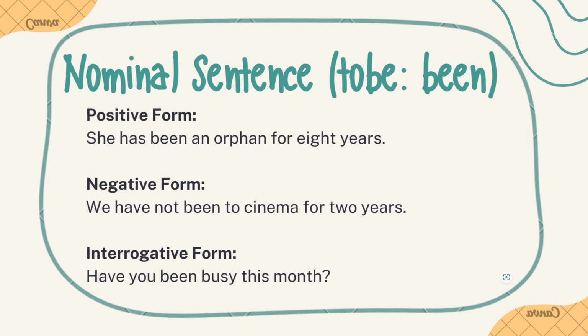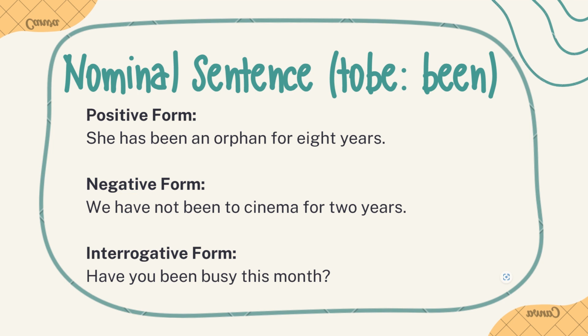Let's take a look at the examples. The positive form: she has been an orphan for 8 years. Here in this example, been is placed after has.